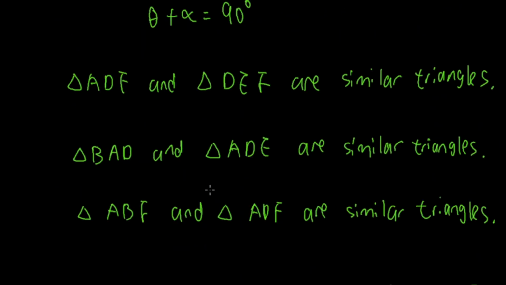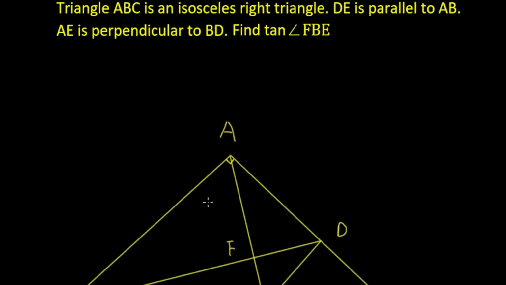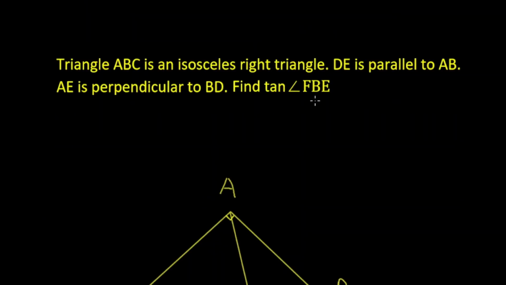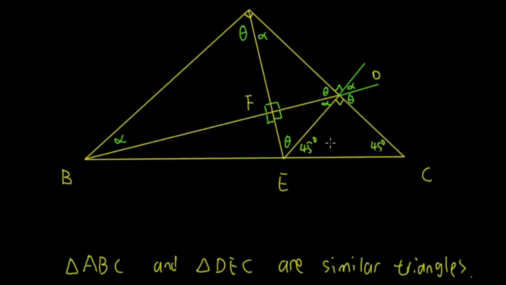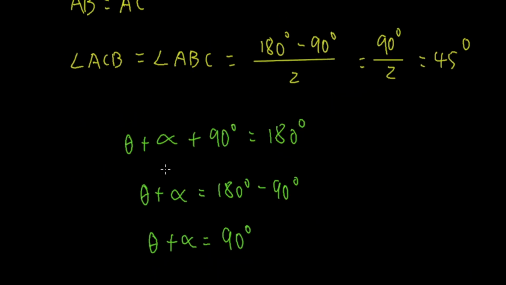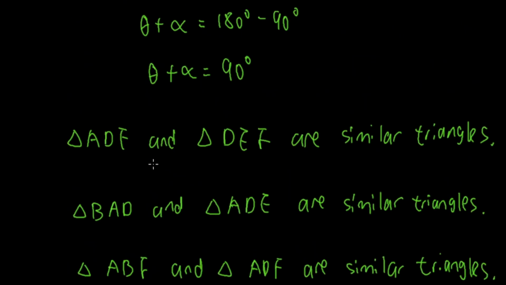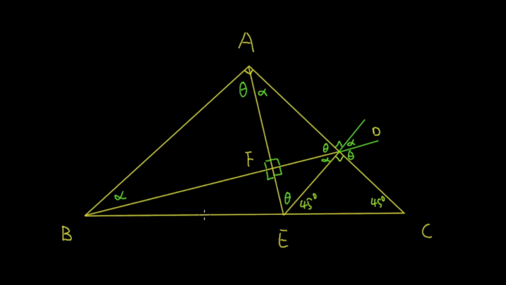Now notice that this is the angle being asked in the question: find tan of this angle here. And we notice that this is equal to 45 degrees minus alpha. So these two angles are not alpha or theta. So this is not a similar triangle to any of these triangles here. Okay, so that's what makes it challenging.